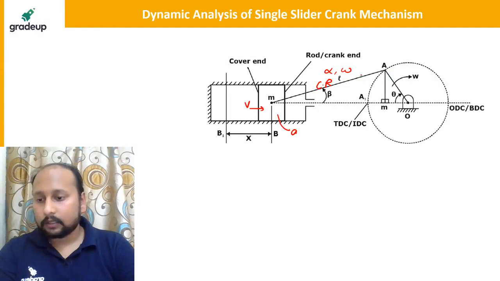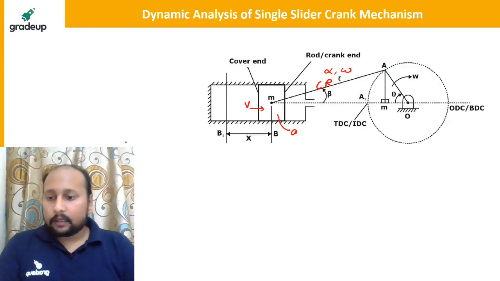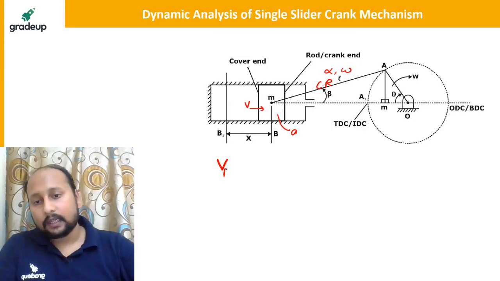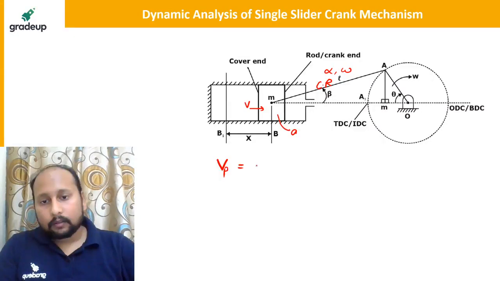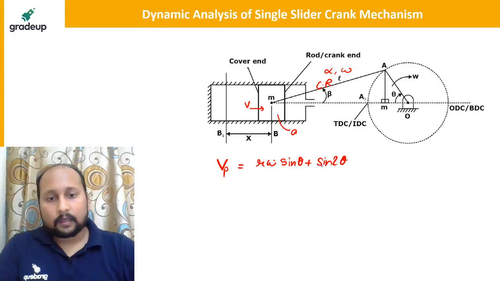Now, in the previous session, we have calculated the velocity of a piston. We found the expression r omega into (sine theta plus sine 2 theta by 2n).